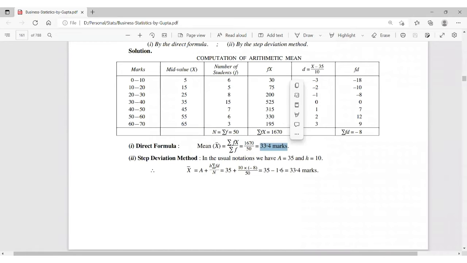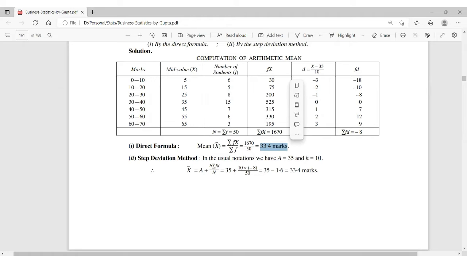Clear? Now, step deviation method. We always use the step deviation method for a continuous series. If the question is in this continuous format, with all the ranges given like 0 to 10, 10 to 20, whatever it is, then this kind of series is called a continuous series.